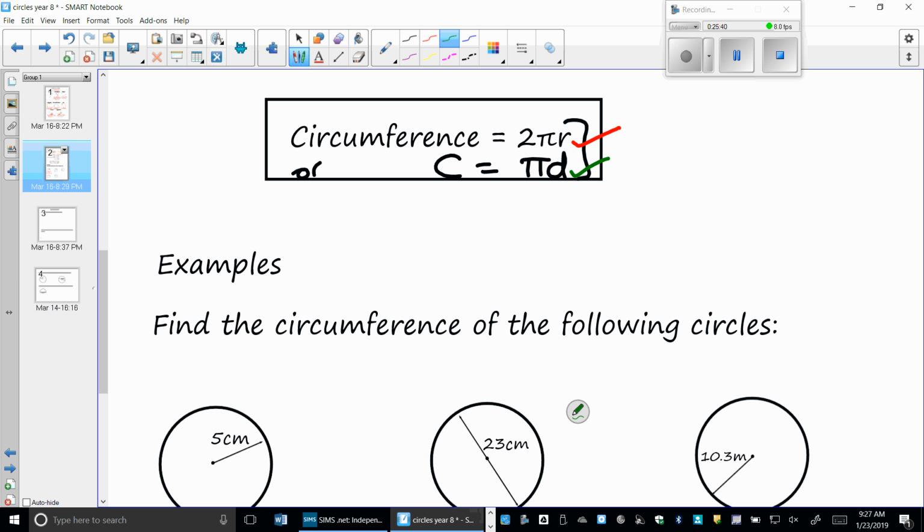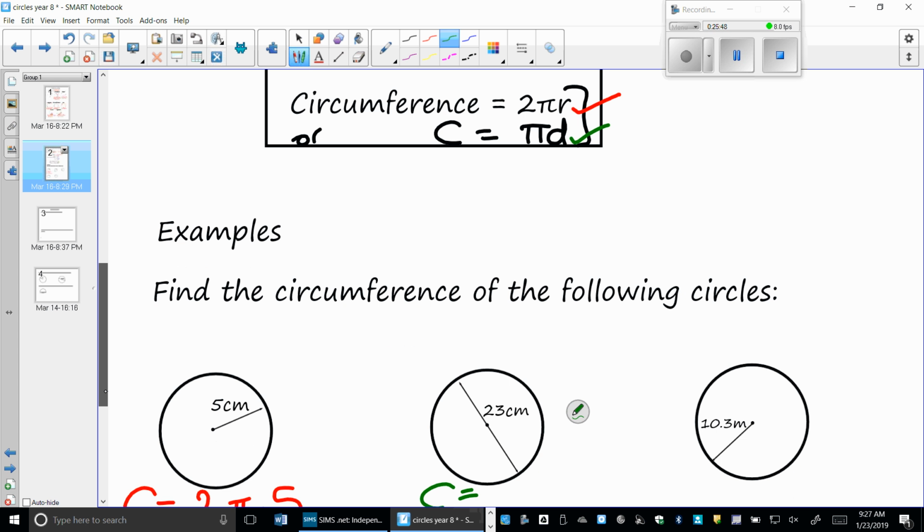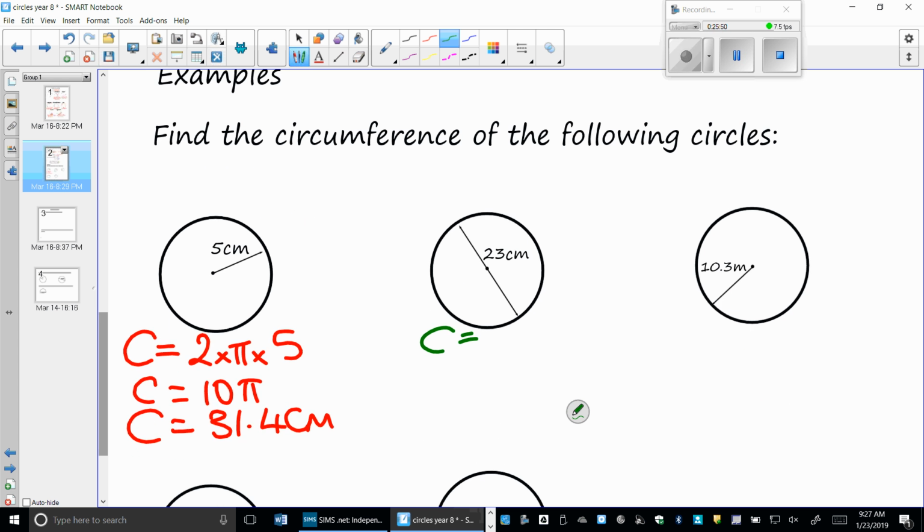What does it say here? C equals pi d. What does d stand for? Okay, so what are we going to write here? C equals pi. That's it. Awesome.